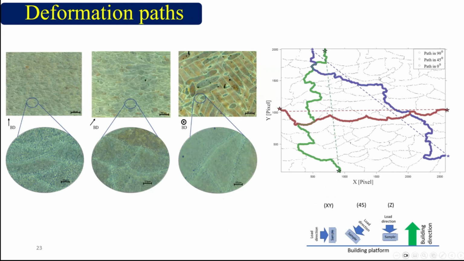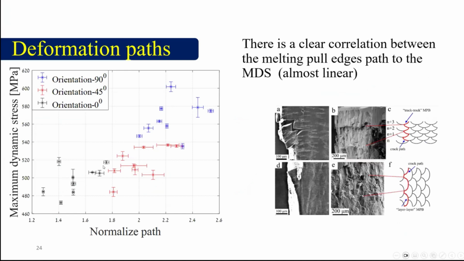So we did an image analysis and used a breadth-first search algorithm to calculate the minimum line across those melt pool boundaries and divided it by the straight line between those 2 points. And what we get, you can see here. We can see that as the normalized crack path increases, the dynamic stress increases as well.